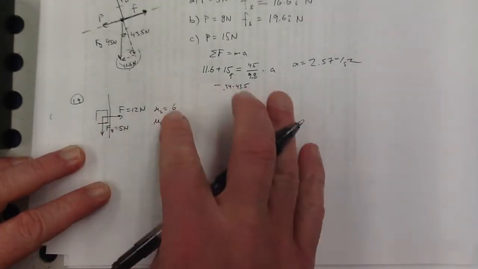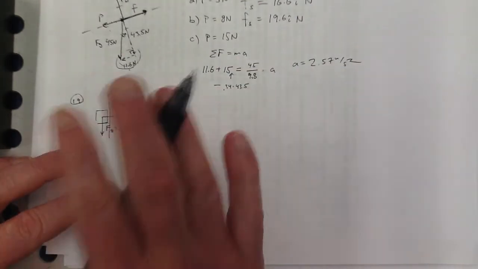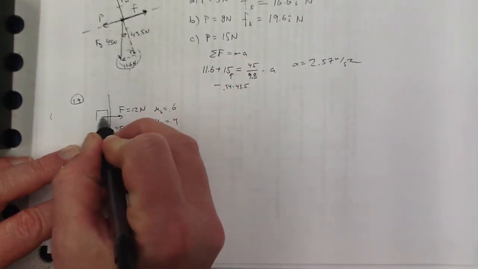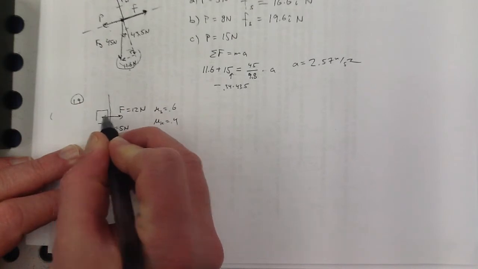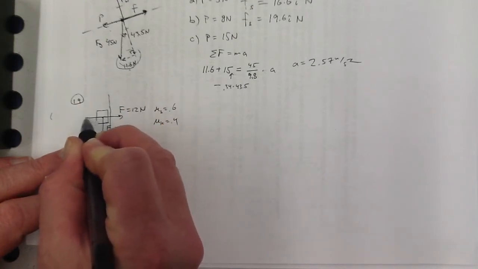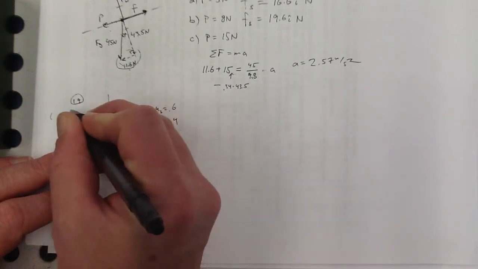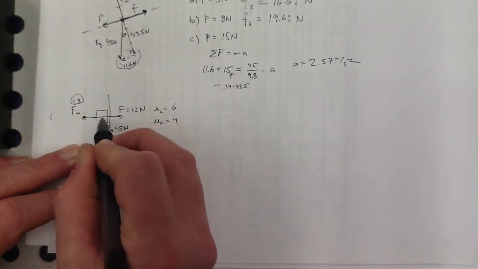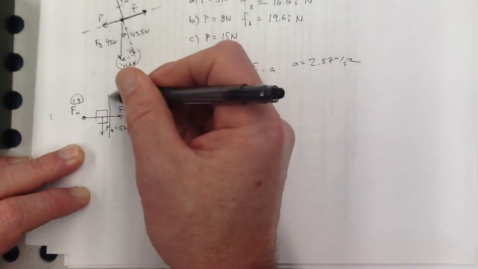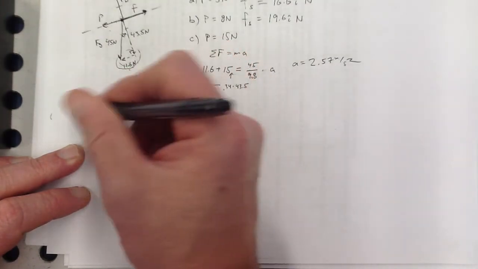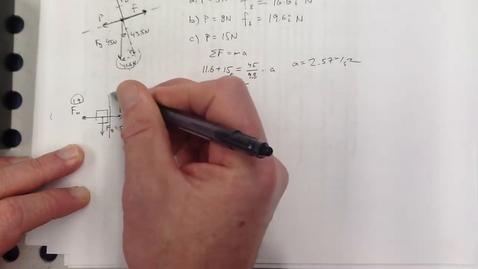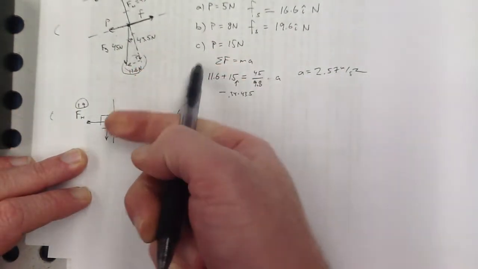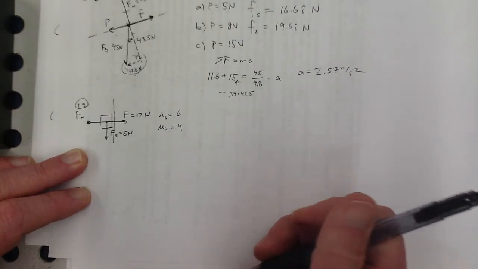Okay, so what is the maximum? Well, first of all, let's look at this for a second. If this is being pushed against the wall this way, the wall is going to push back. Although this seems maybe a little bit different, the normal force here is perpendicular. Remember, normal means perpendicular to this surface. There can't be a normal force from this wall pushing up, for example. The wall can only push perpendicular to its surface.